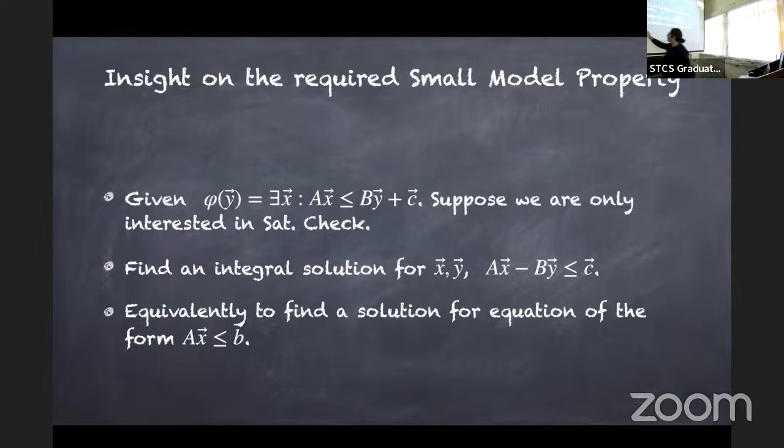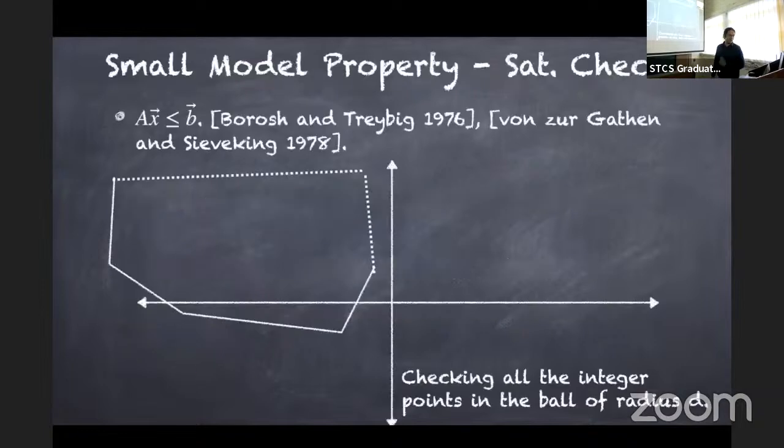So your problem becomes finding an integral solution of this form. And this is where a classical small model property can be employed, by von zur Gathen and Sieveking. Also notice that the solution set to these kinds of constraints is, in general, a polyhedron.